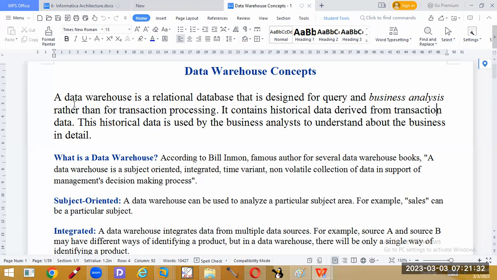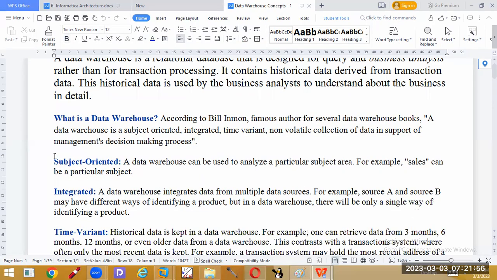Data warehousing has the OLAP concept, derived from the transaction approach. This historical data is used by the business or top management to analyze. Understood?